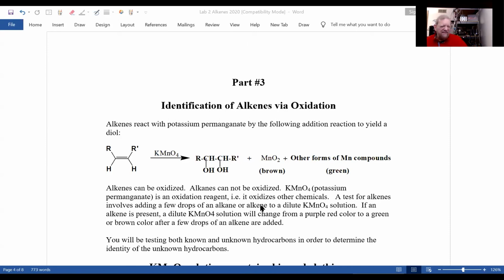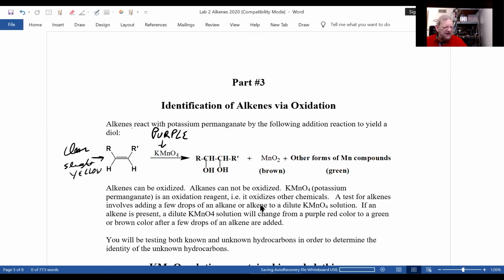Most organic compounds, and the ones we do, are clear or slight yellow. Potassium permanganate solution is purple. I mean, a really beautiful purple.